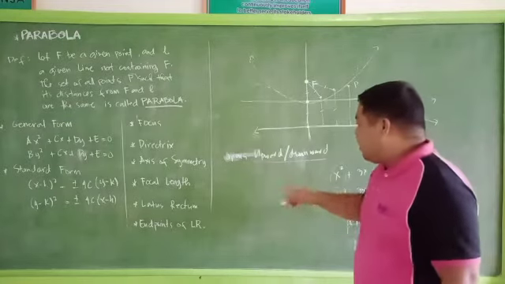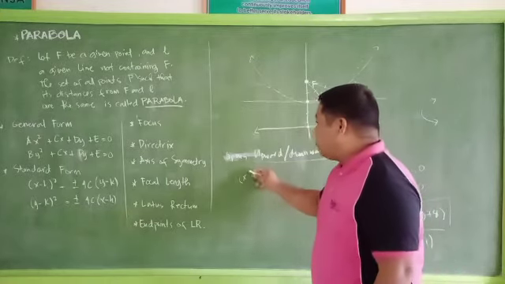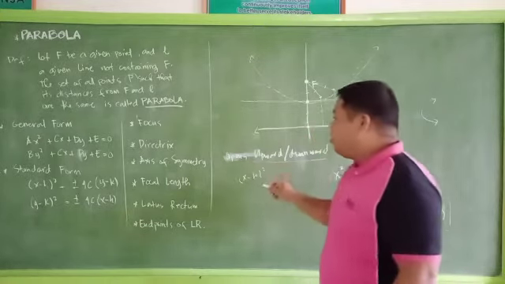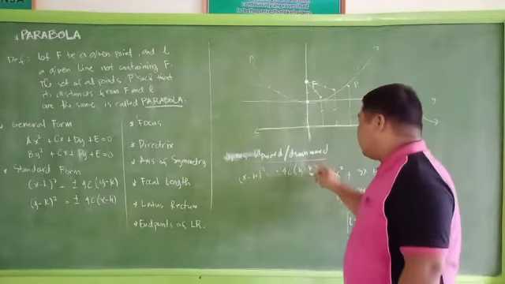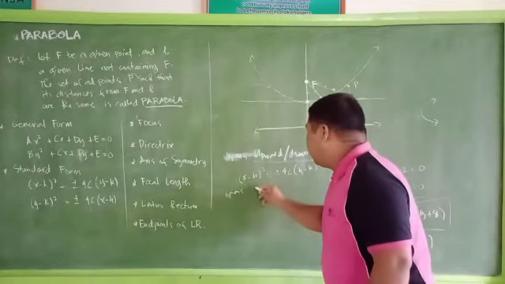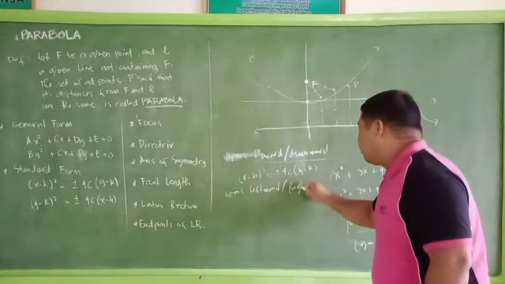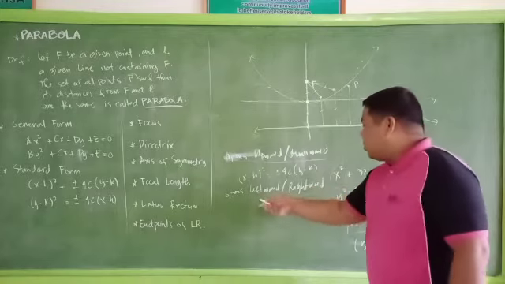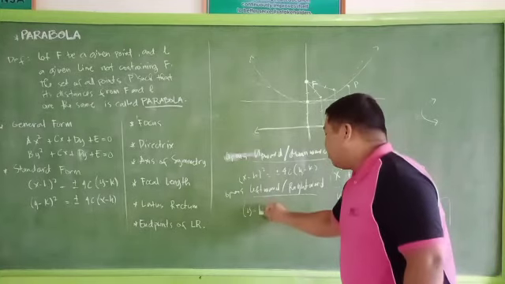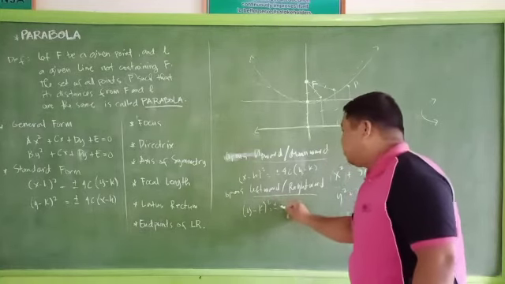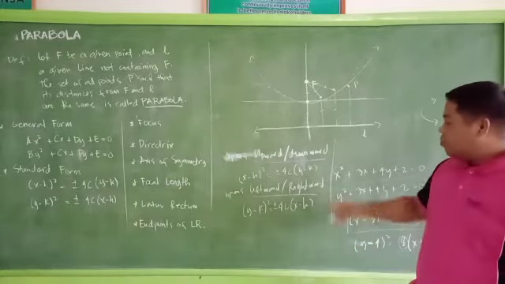Nakuha na intindihan? Sige. Let's have a summary here. So, opens upward or downward, dapat yung mga x's natin dito, siya yung naka-square: (x − h)² = ±4c(y − k). So, opens naman leftward and then rightward, basta, opens to the left or opens to the right siya if yung y naman natin yung naka-square: (y − k)² = ±4c(x − h). So, ganun lamang siya. So, dito tayo magbe-base.